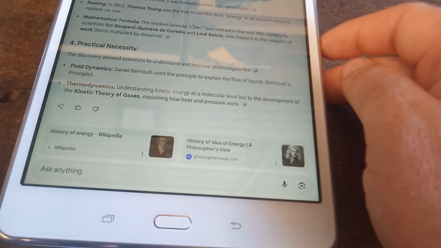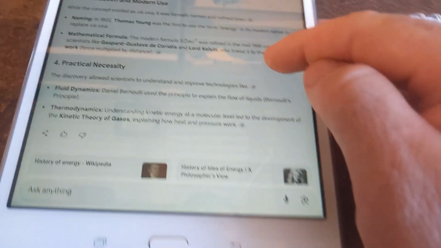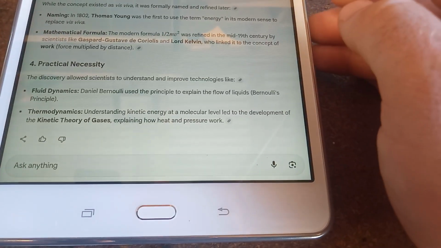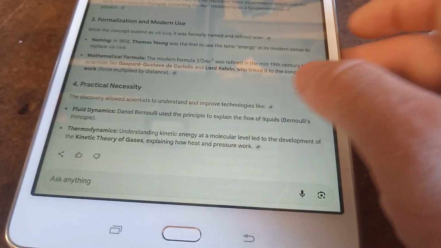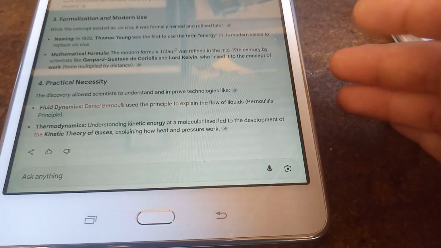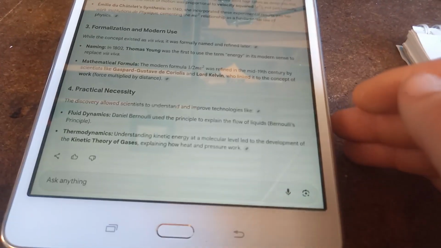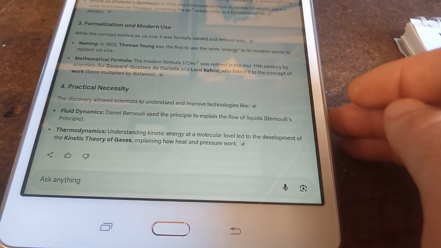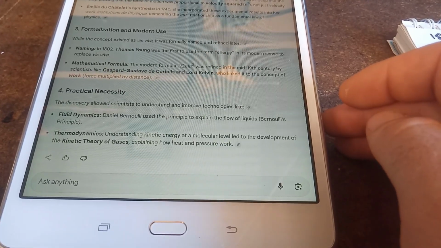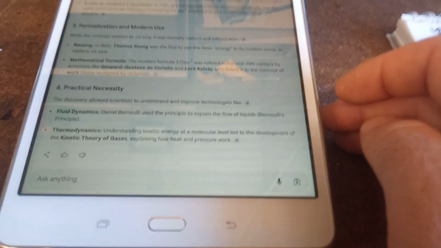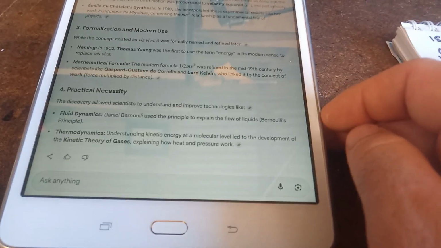Okay, practical necessity. The discovery allowed scientists to understand and improve technologies like fluid dynamics and thermodynamics. So you're coming into the realm of modern science now, where we can see that the applications of kinetic energy are used to a greater extent in the future.